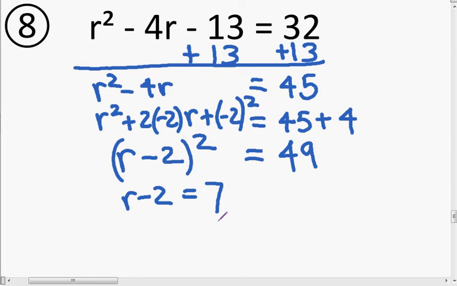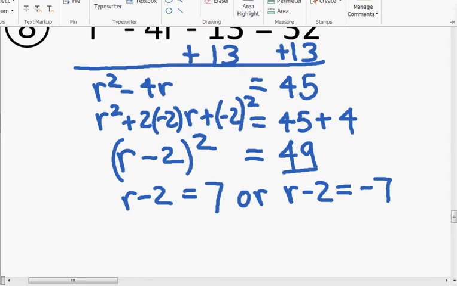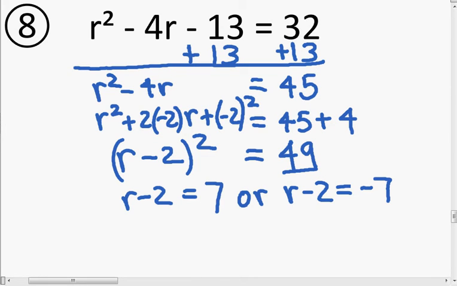Calculator says 7, but I also know negative 7 will work too. r minus 2 could equal negative 7. When I square negative 7, negative 7 times negative 7 still gives me a positive 49. And to solve it, I add 2 to both sides.